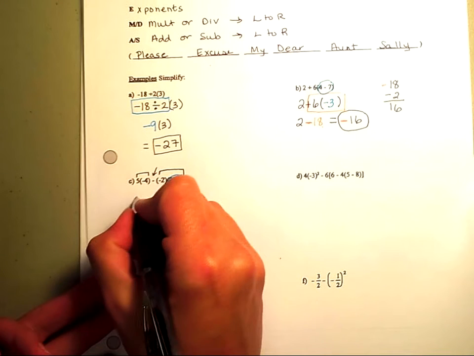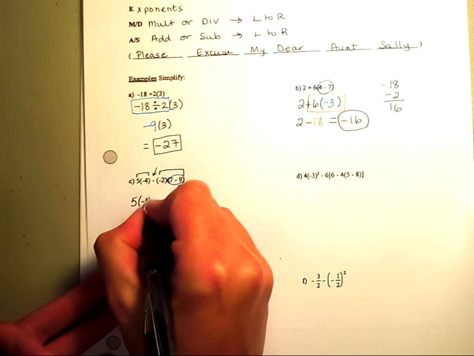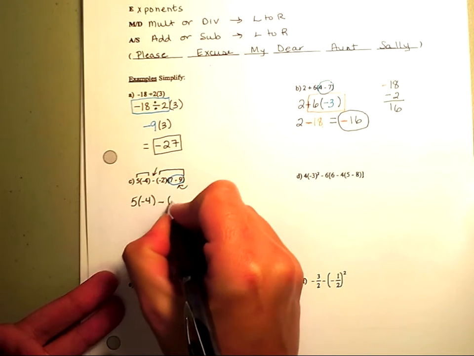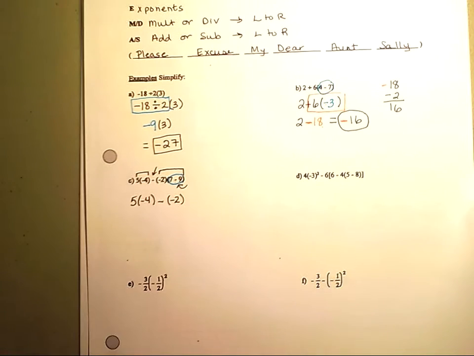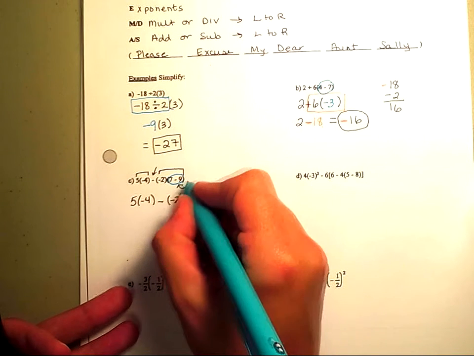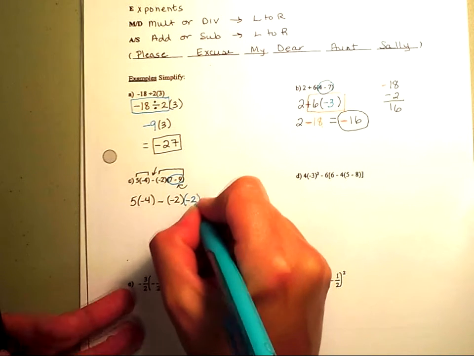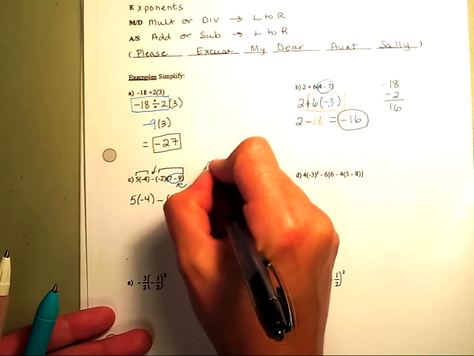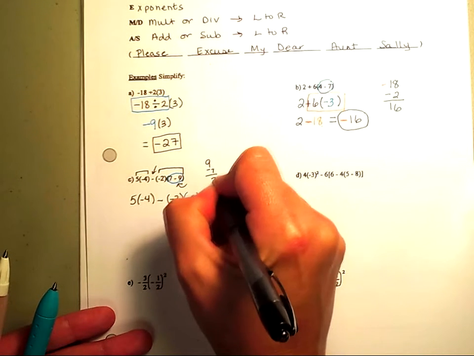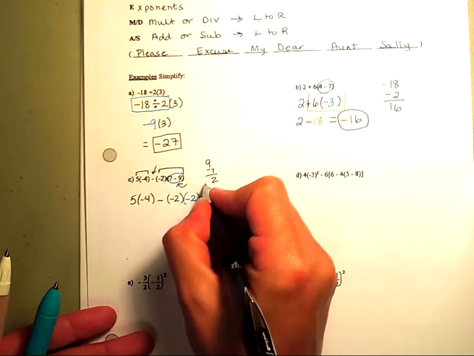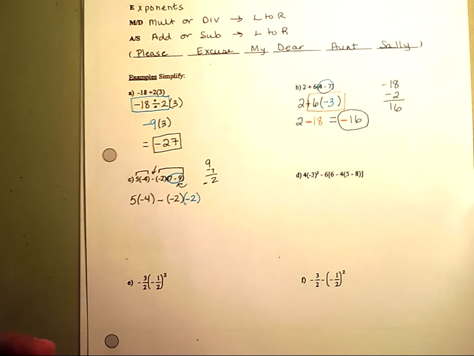Everything else will copy. 5 times negative 4 minus negative 2 times, well, 7 minus 9 is also negative 2. We can do that same trick. 9 minus 7 is 2, but the 9 is negative, so we make this negative. Okay.